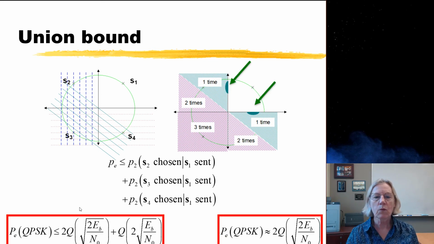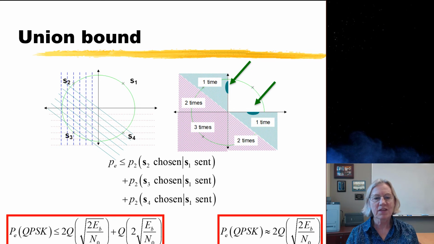Now, when I look at this, I see there's 2 terms, and I look at the first term, which is the Q of the square root of 2Eb over N0, and a second term, which has got the square root of Eb over N0. And this first term is really dominating the behavior.